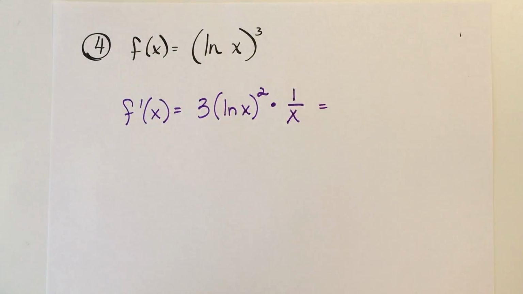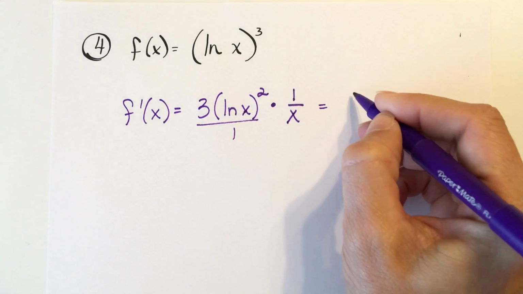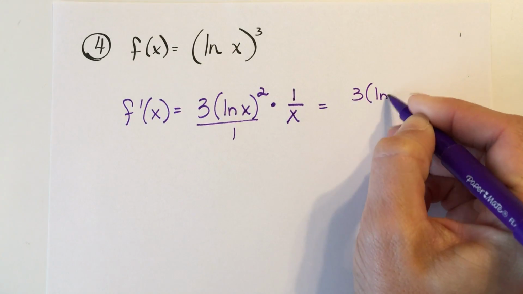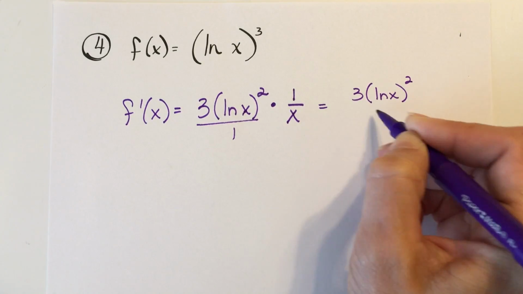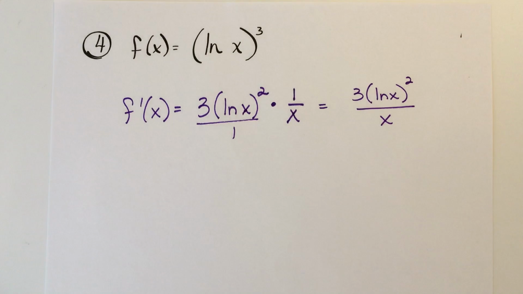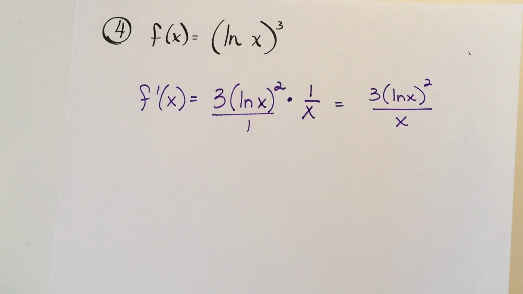Now, there's not anything here that you can cancel out, but if you wanted to, you could write this as one big fraction, because all of this is understood to be over 1. So you could say that you have 3 times the natural log of x squared all over x. That would just be a neater way of writing your answer. Okay, next one.